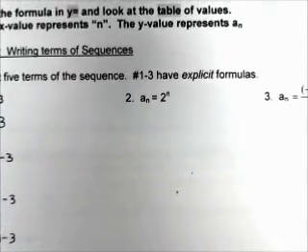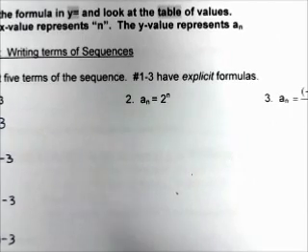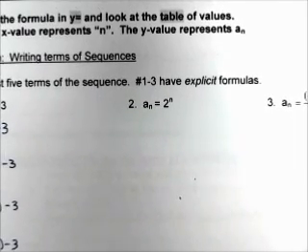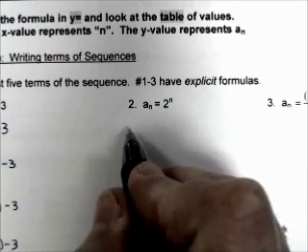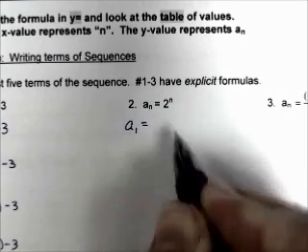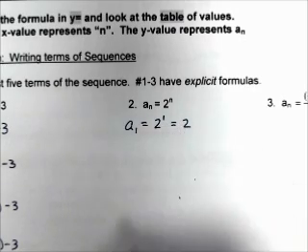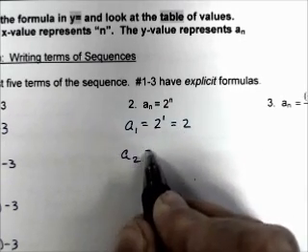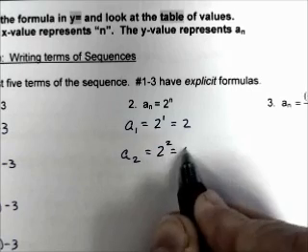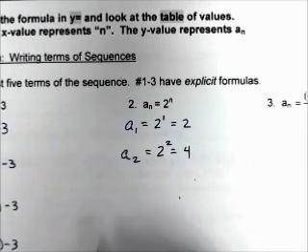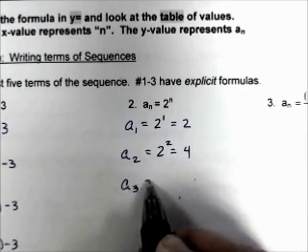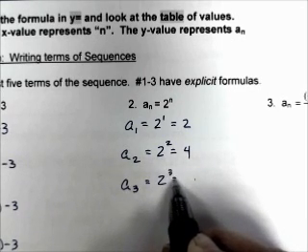Number 2, a sub n is equal to 2 to the n power. So our first term, a sub 1, would equal 2 to the first, which is simply 2. Our second term, a sub 2, would equal 2 to the second, which is 4. Our third term, a sub 3, would equal 2 to the third, which is 8.